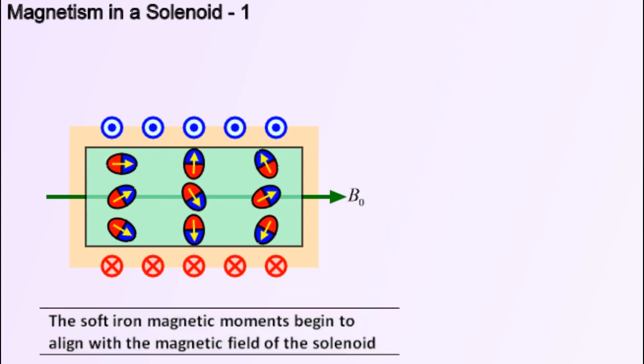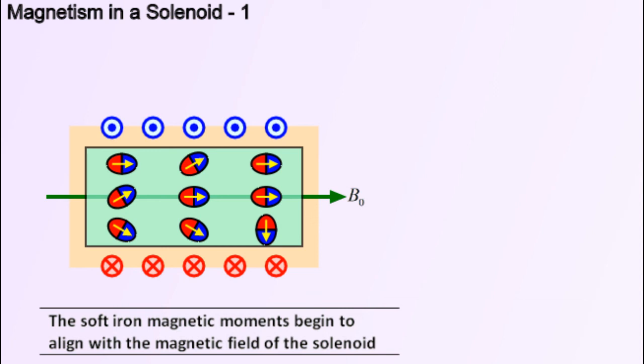Under the influence of B0, the magnetic moments begin to align with B0. So, in a way, this is induced magnetization. Not all of them may align, but a majority of them do align. Some of them tend to align, but not completely align. The greater the magnetic field of the solenoid B0, the greater the amount of alignment.